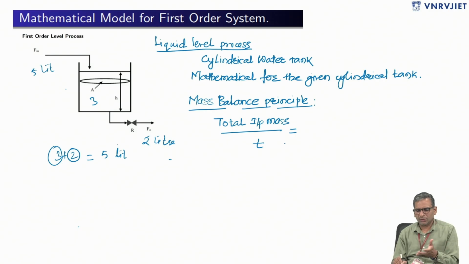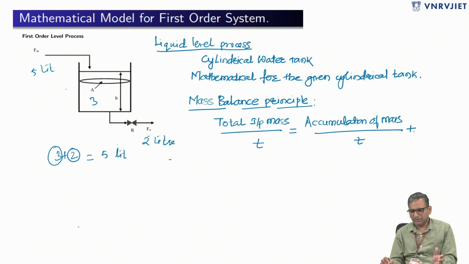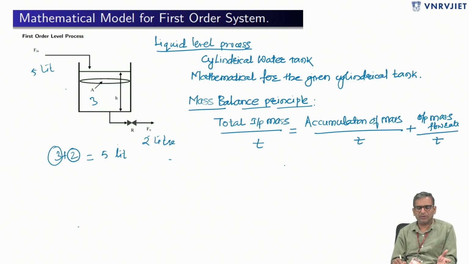So we can say the total input mass with respect to time t will be equal to the accumulation of mass, which is the water stored in the tank with respect to time t, plus the remaining water which leaves the tank, that is the output mass, or output flow rate, the water which has left the tank.